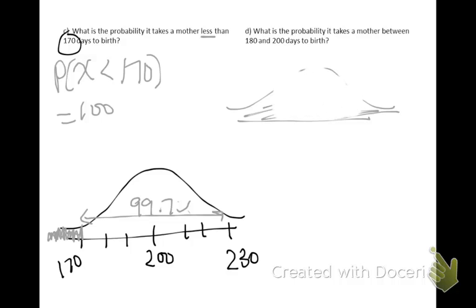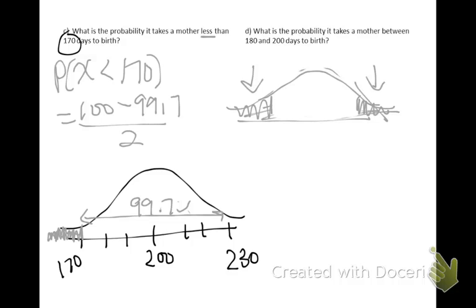So let's subtract that out. When you subtract, that leaves over the lower tail and the upper tail. We're interested in only the lower tail, so let's divide by 2. That breaks off the upper half and leaves only the lower half, which is the portion that we were interested in. When you divide this out, the answer comes out to 0.15%.